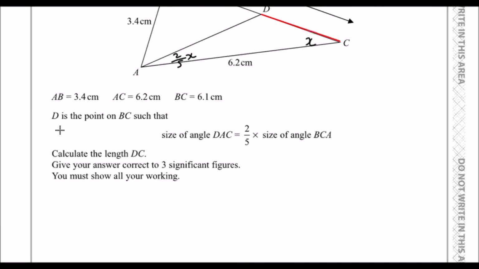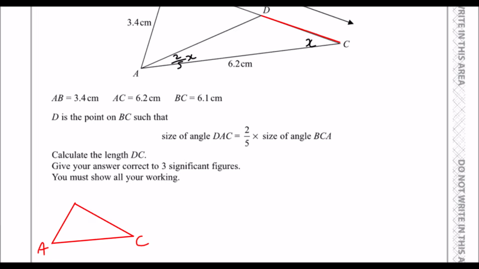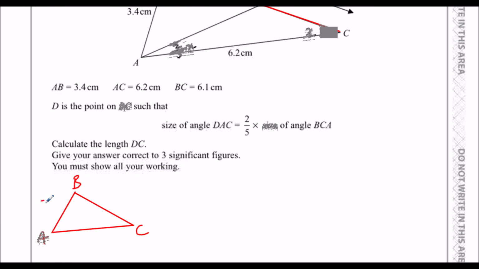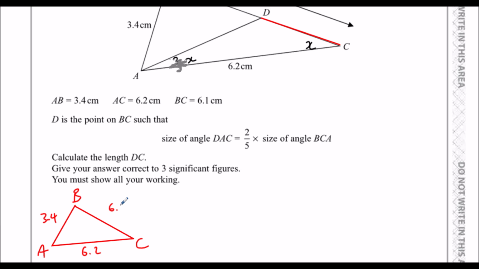So our triangle is triangle ACB. We've got 3.4, 6.2 and 6.1, and we want to know this angle here. So we're going to use the cosine rule for angles. So we can use cos A is equal to B squared plus C squared minus A squared over 2BC.